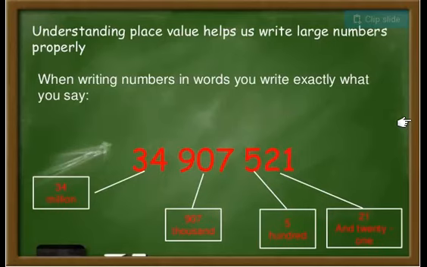First, 28: ones, tens. This number has only two place values. And the other example is 428: ones, tens, hundreds. That means this value takes the hundreds place. So the number that has taken the hundreds place is the larger number.